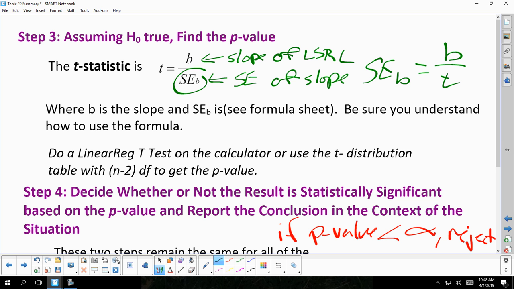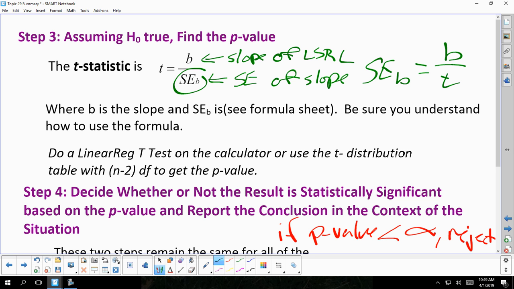So there is a way to go backwards and get that. Oftentimes, the computer printouts will give us these two, and we want to calculate that standard error. The standard error is on the formula sheet. We'll look at it in the context of our classwork, but don't worry too much about that.